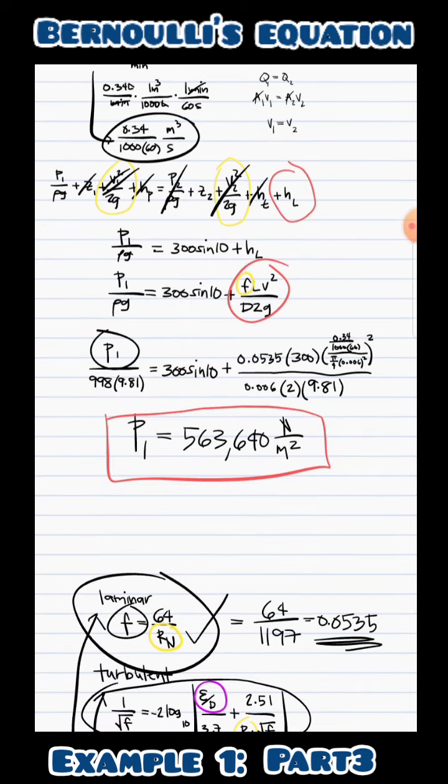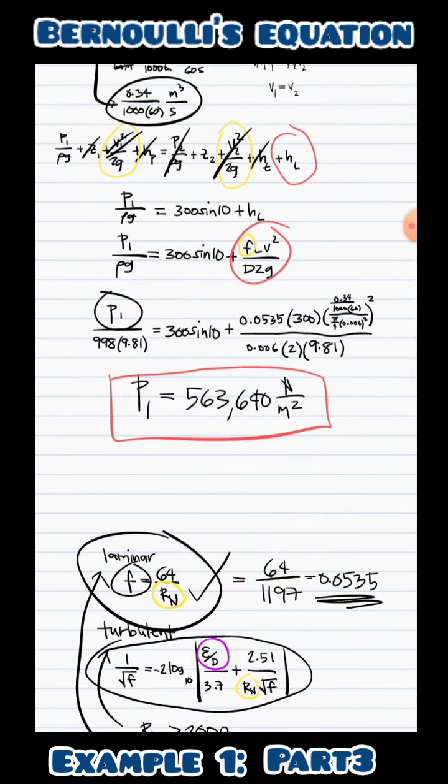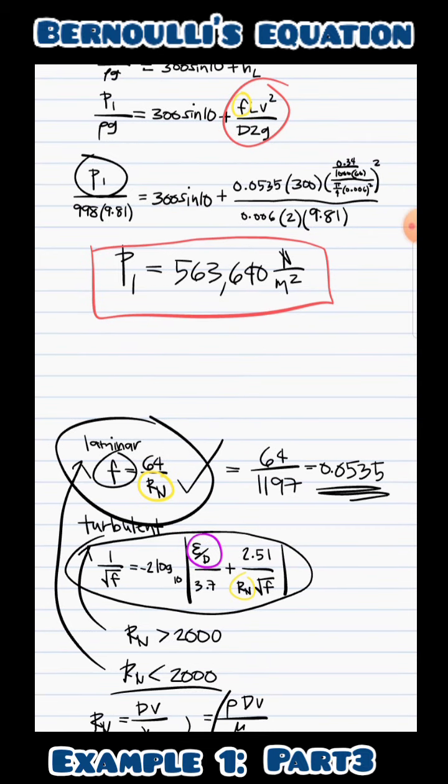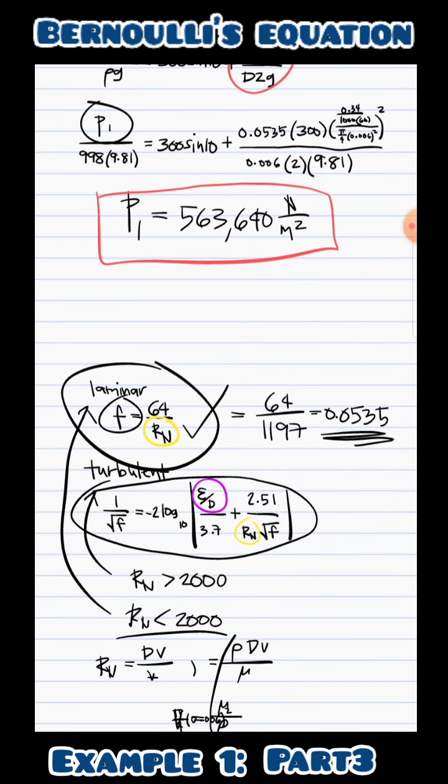Then to find the friction factor, we need to first determine what type of flow. If it is laminar, or less than 2000, we're going to use 64 over Reynolds number, and if it is turbulent, we're going to use Colebrook-White's equation.